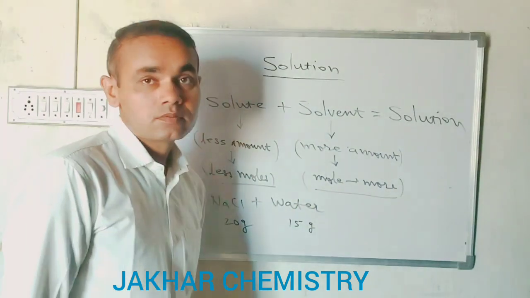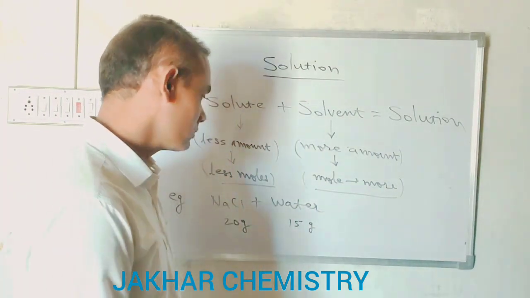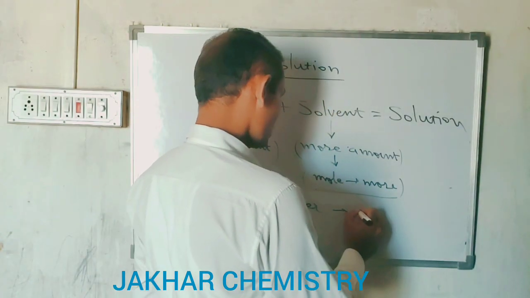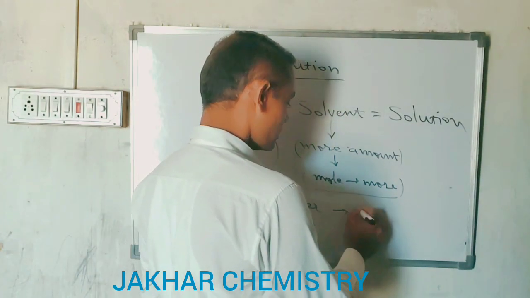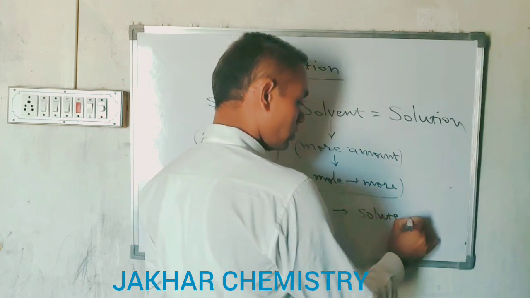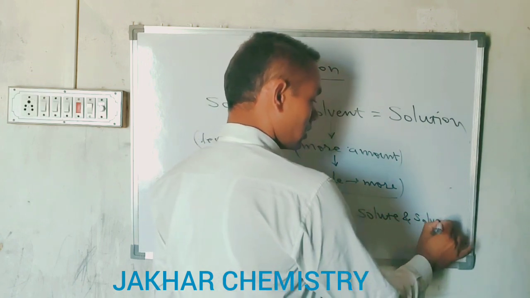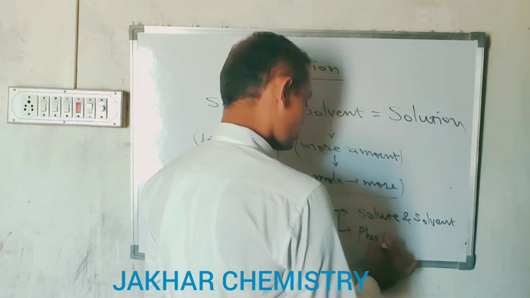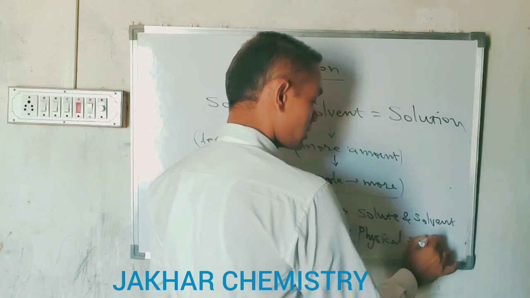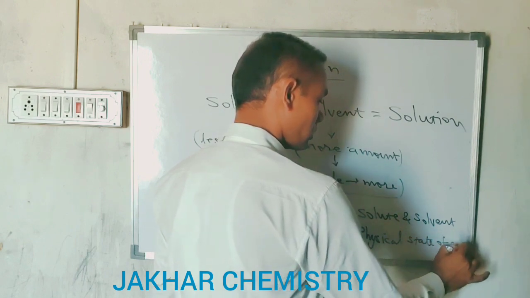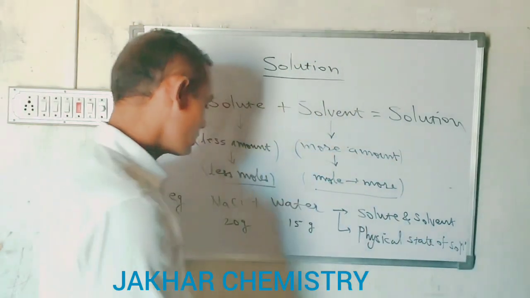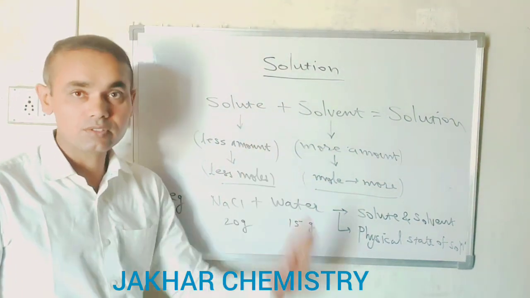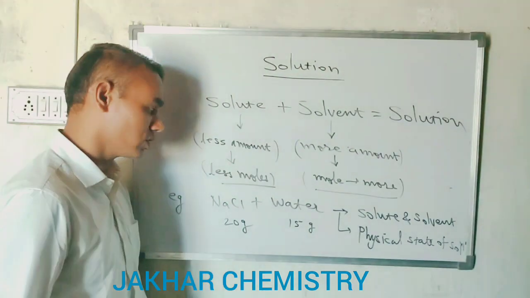In this case, you have to determine which component will be solute and which will be solvent. So you have to identify solute and solvent, and you have to determine the physical state of the solution also. So this is the question you have to solve, and you can give your answer in the comment box.